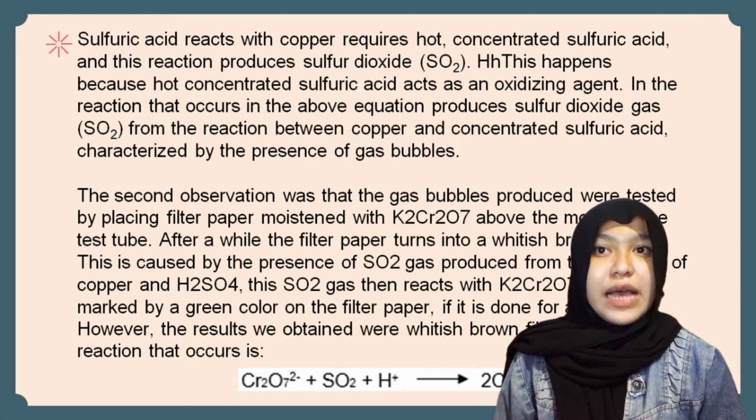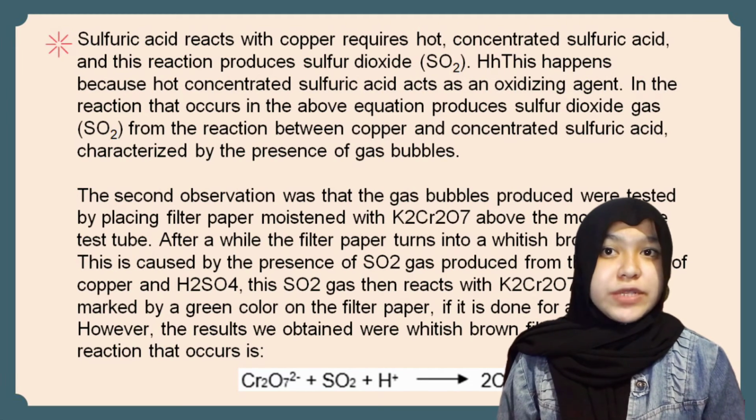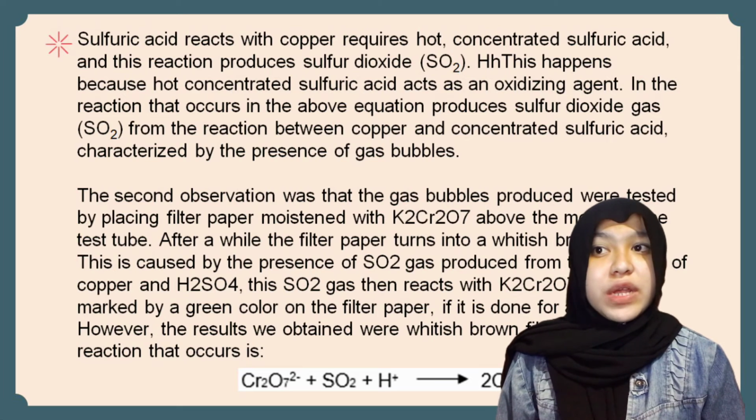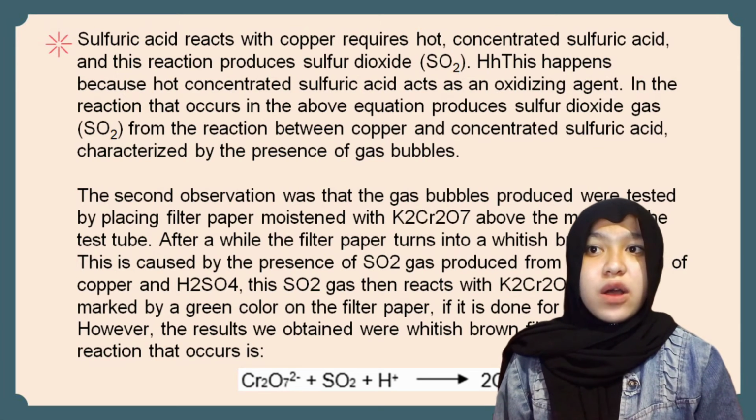that the gas bubbles produced were tested by placing filter paper moistened with K2Cr2O7 above the mouth of the test tube. After a while, the filter paper turns a whitish brown color. This is caused by the presence of SO2 gas produced from the reaction of copper and H2SO4.